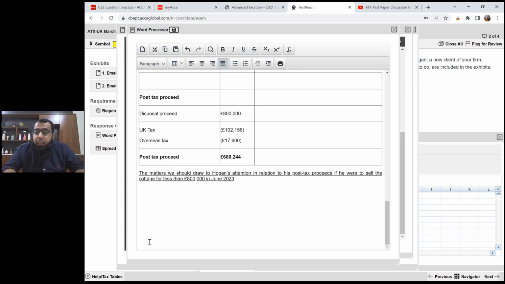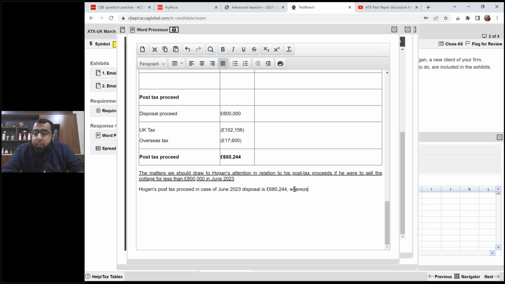While I draft the answer, I'll discuss it with you people. Hogan's post-tax proceed in case of June 2023 disposal is how much? It is 680,244.